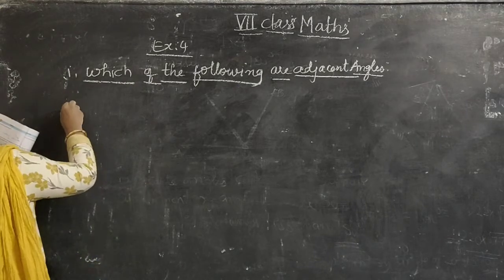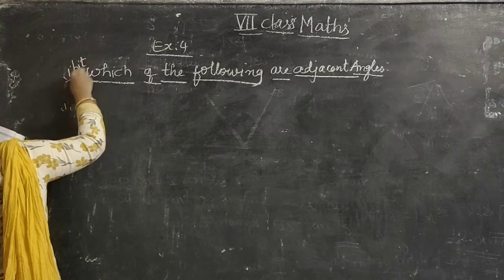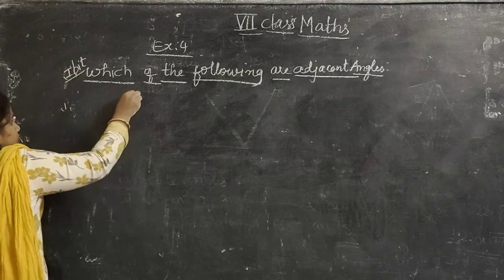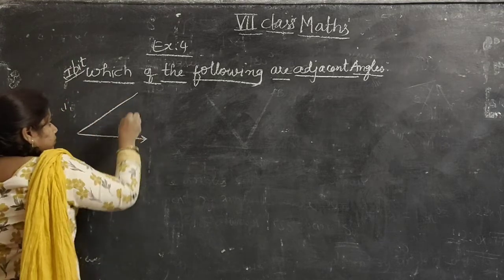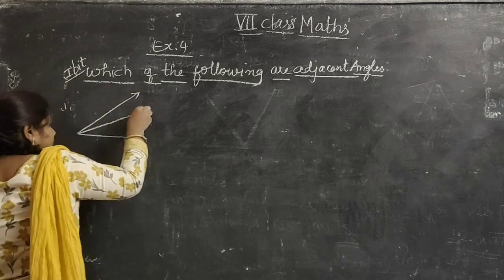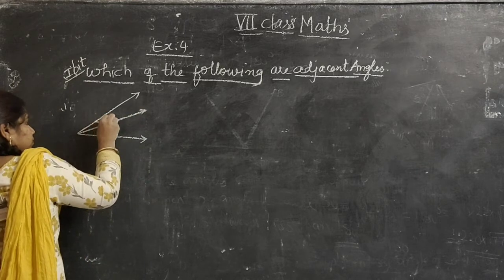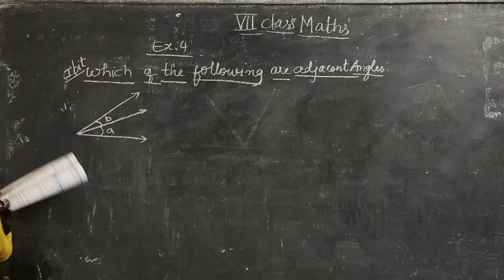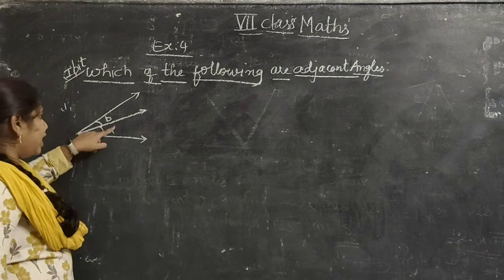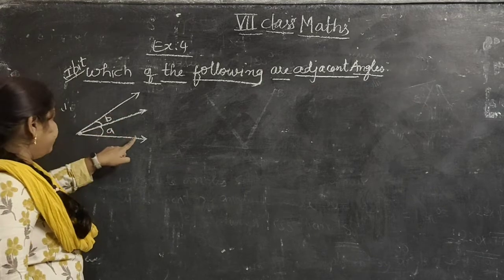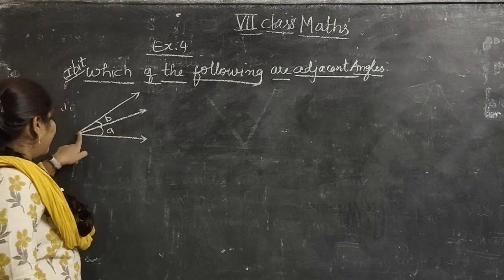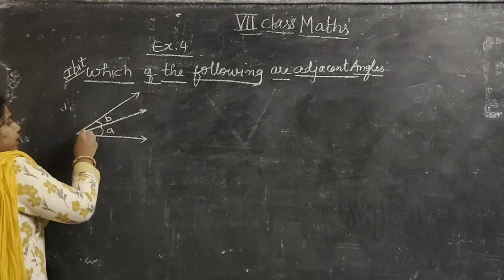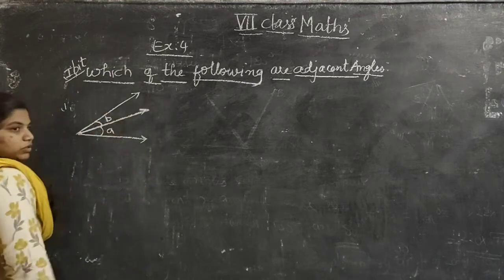First figure. In this we have two angles, and for these two angles one common arm is there. What is the common arm? This is a common arm for both the angles.